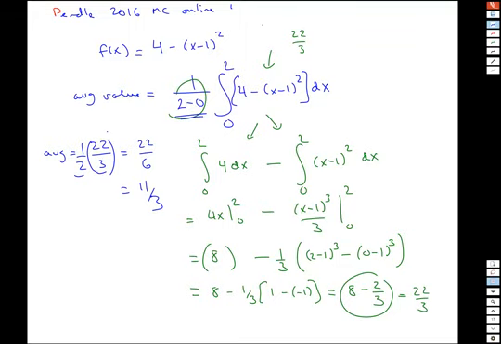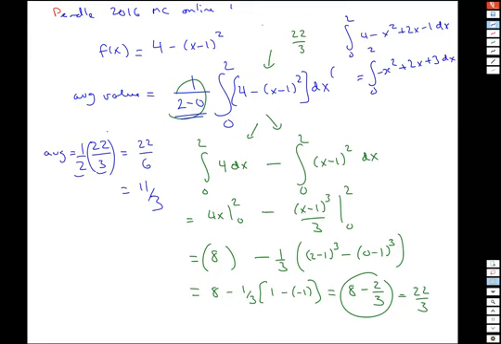Oh, sorry, I just saw Kyle's question there. You can integrate this however you like. If you wanted to expand this and integrate 4 minus x squared plus 2x minus, it'd be a double negative, so minus 1, which is the integral from 0 to 2 of minus x squared plus 2x plus 3. Sure, it'll give you the same answer.